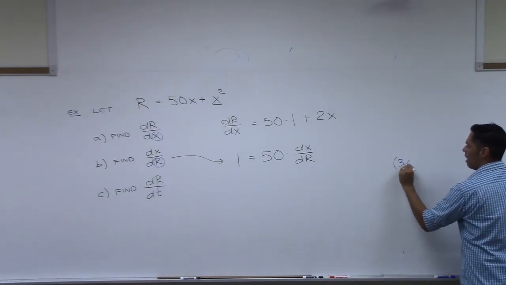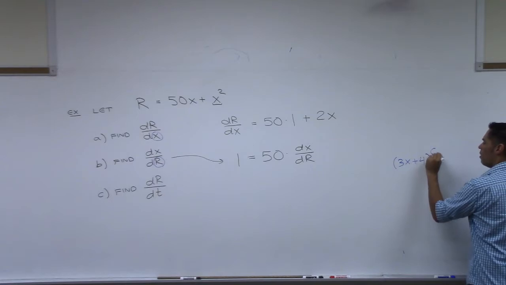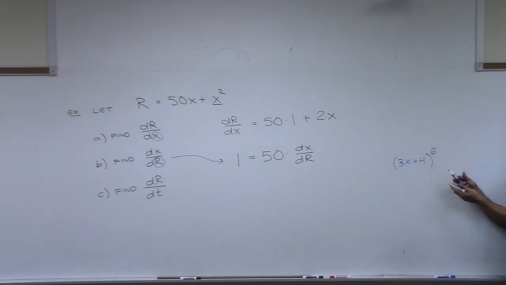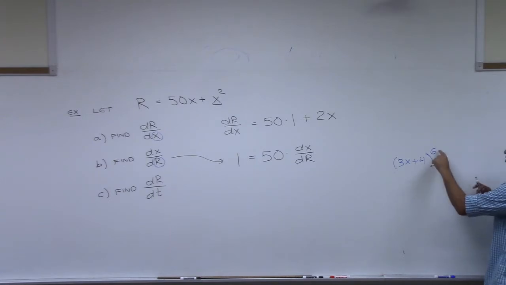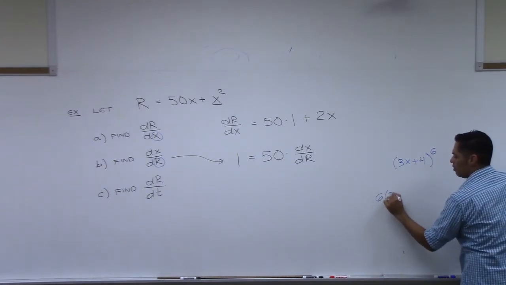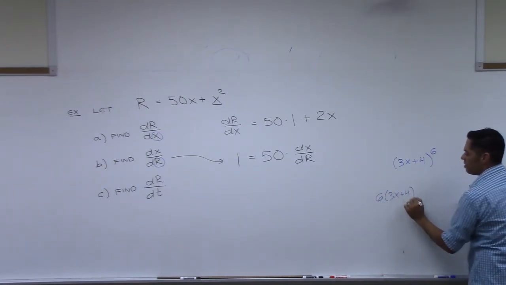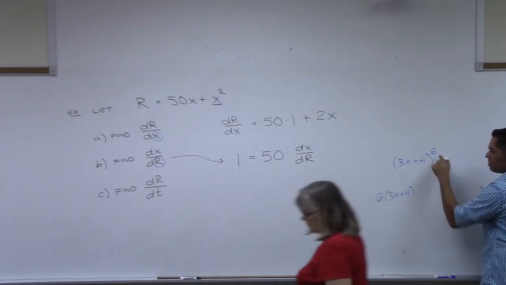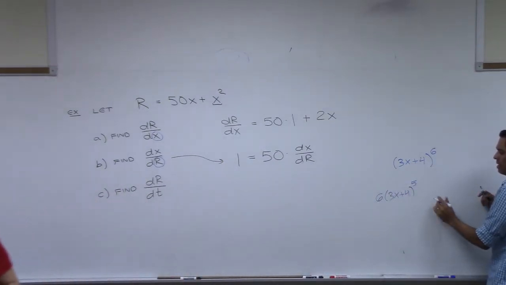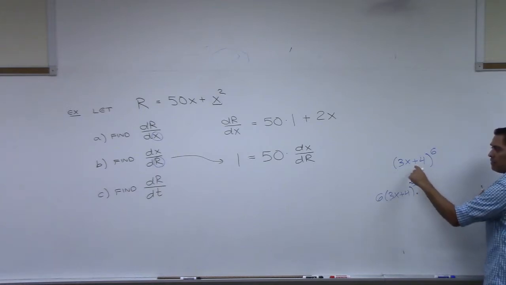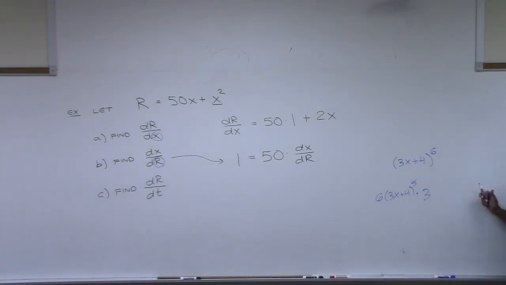You had some homework like this, where you were asked to take the derivative of something like (3x + 4)^6. What you did was bring the 6 out, rewrite the 3x plus 4 but not touch it, reduce the power to 5, and then multiply by the derivative of what's inside, which would be 3.